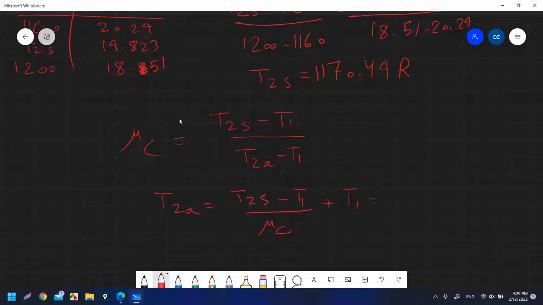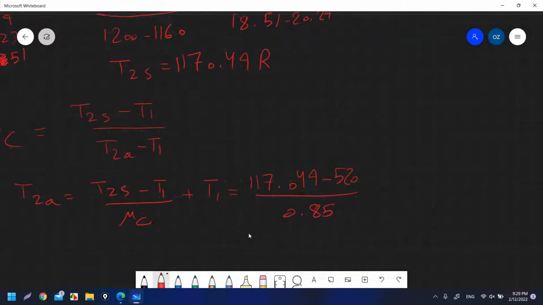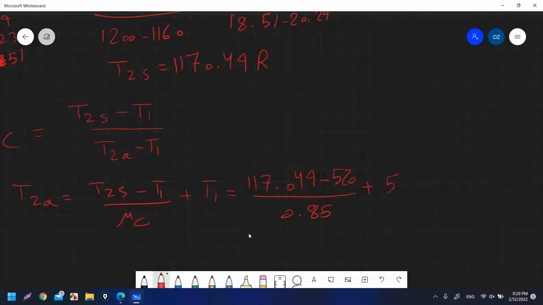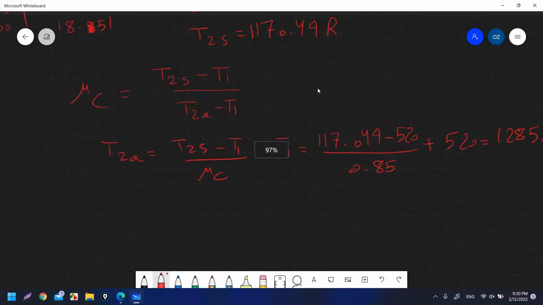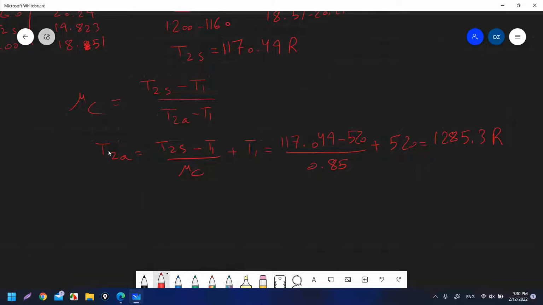This gives 1170.49 minus 520 Rankine over 0.85 plus 520, and this will equal 1285.3 Rankine.